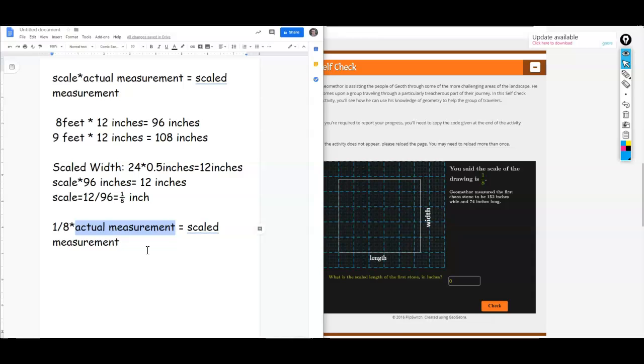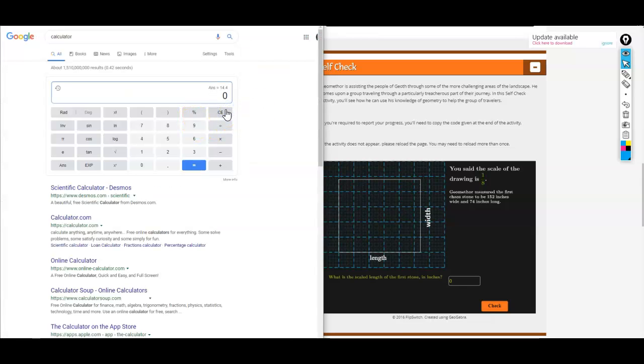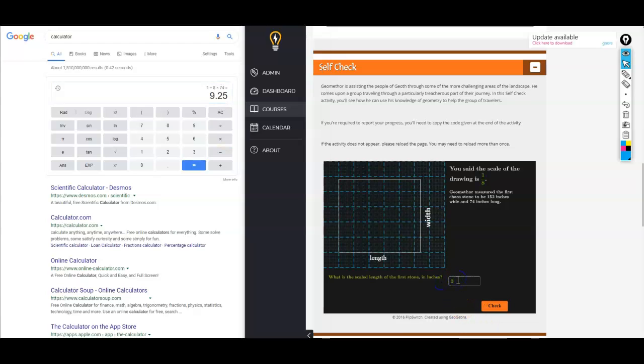So this one is asking us to find the length first, and it says it was 152 inches wide and 74 inches long. So this is going to be 74 right there. So we have 1/8 times 74. So if we jump over to our calculator, we have 1/8 times 74. That's 9.25. So our scaled length is 9.25 inches.